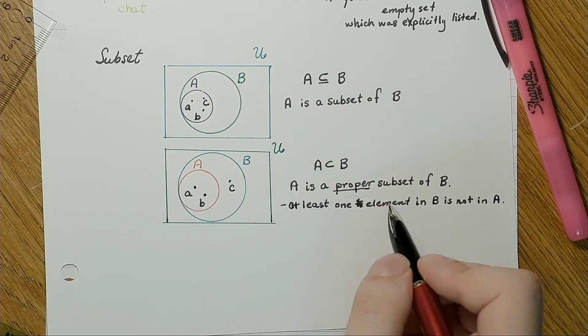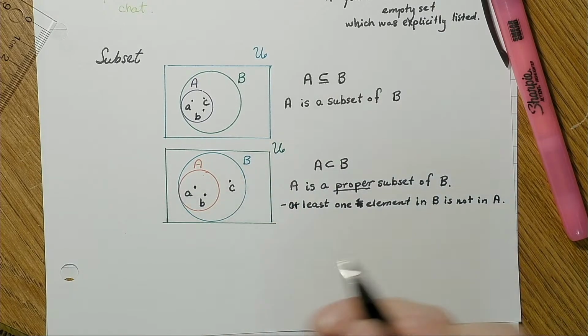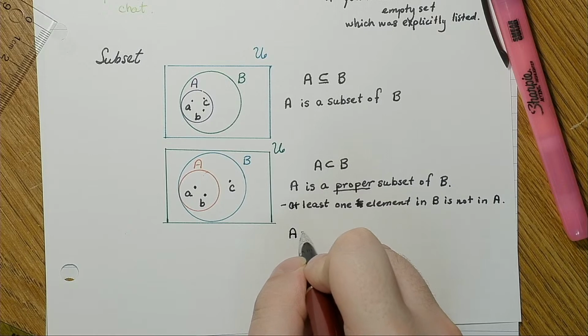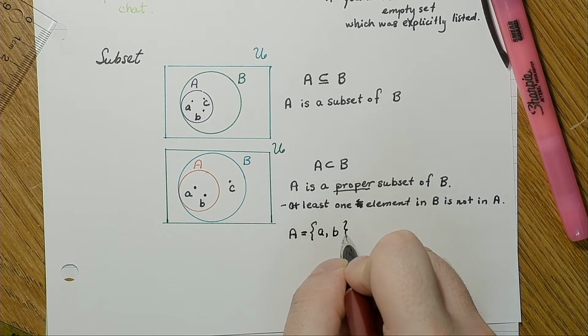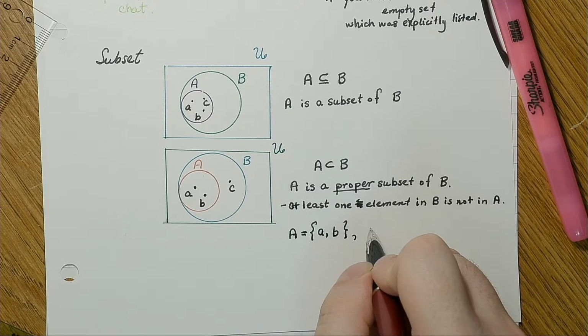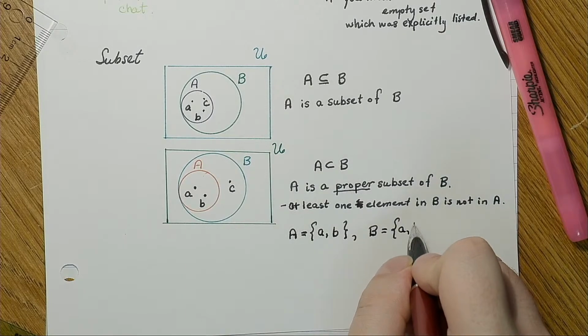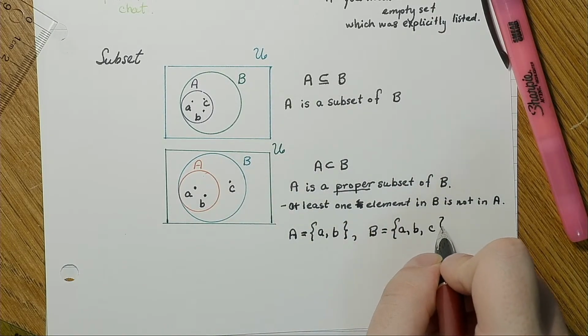But with a proper subset, there has to be at least one element in B that's not in A. In this case, it's C. So if I wrote this out, I have A and B. And for B, it'd be all the elements in A, and the extra element there, C.